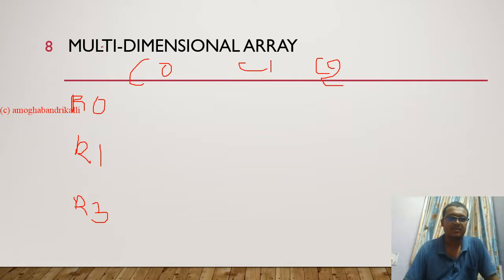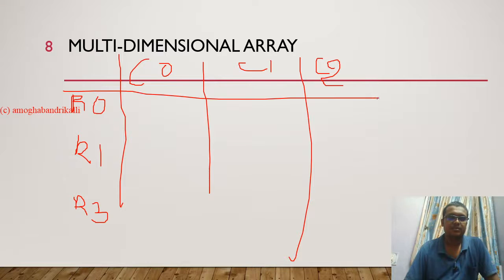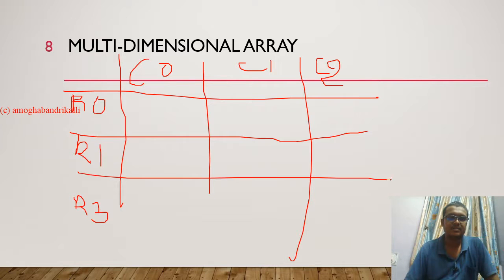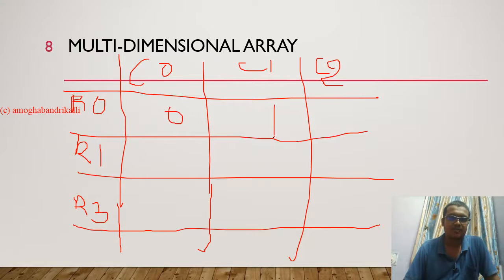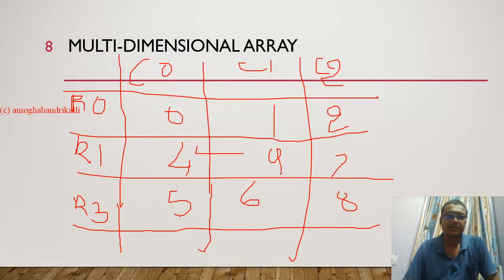So this is called a multi-dimensional array. So you can store some elements here. So this is the multi-dimensional data.